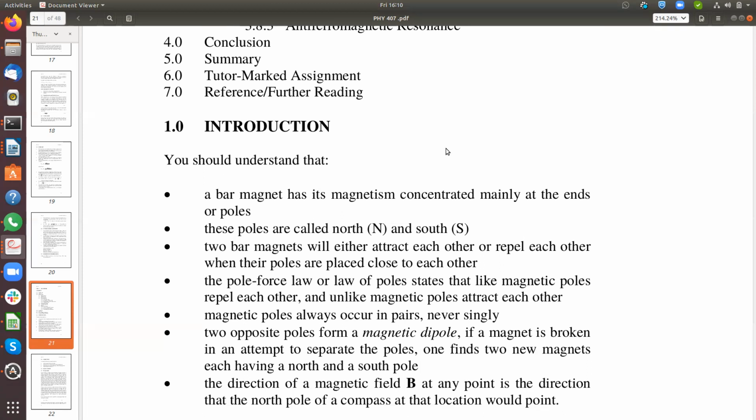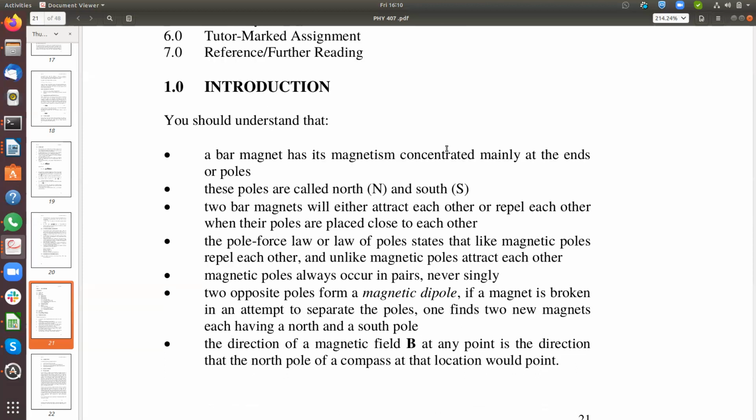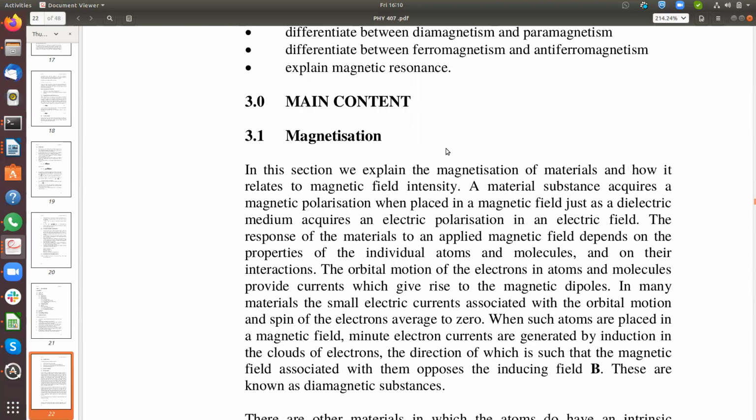These are things that we are familiar with when we are young, but we don't really understand the physics of what is going on. What this tells us is that when you have two different poles, they will attract each other. But if you have the same pole, they will repel each other. Is that okay? Now, this concept of attracting each other is what we refer to as magnetization in magnetic theory in physics.